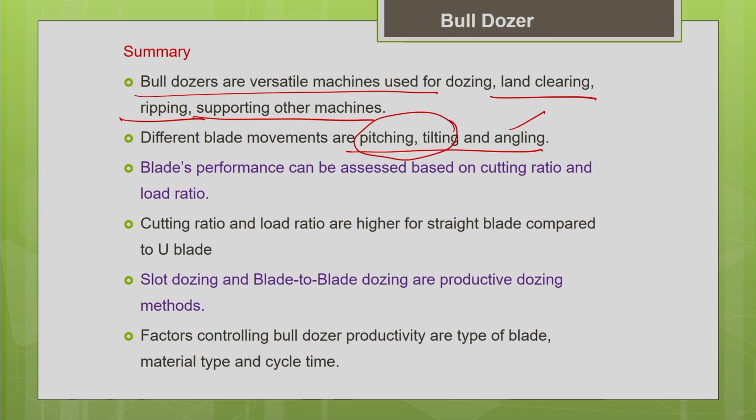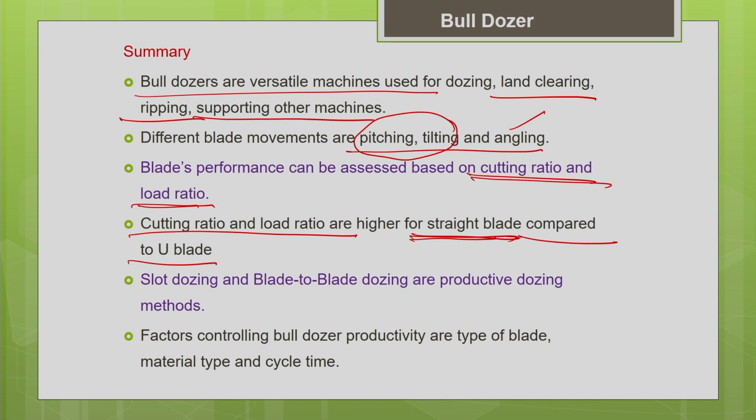So according to the type of connections, the blade movements will vary. And you can assess the performance of the blade using parameters like cutting ratio and load ratio, and we discussed that if the dimension of the blade is smaller, the cutting ratio and load ratio will be higher. So for the straight blade, as it is smaller, the cutting ratio and load ratio is higher when compared to the U blade.